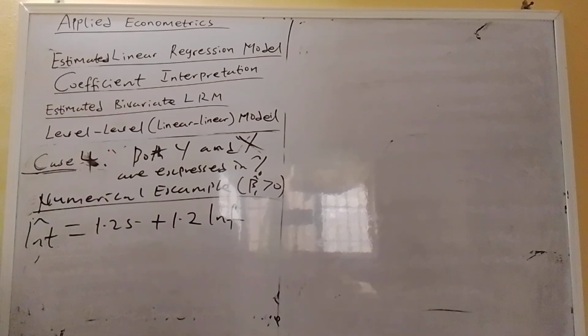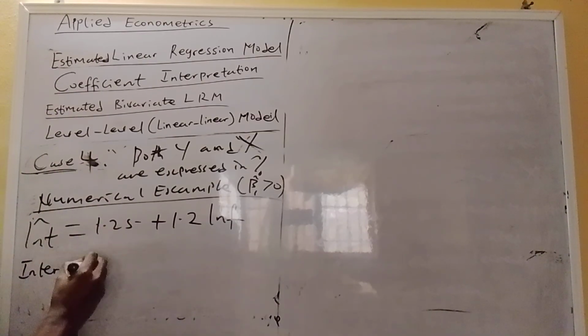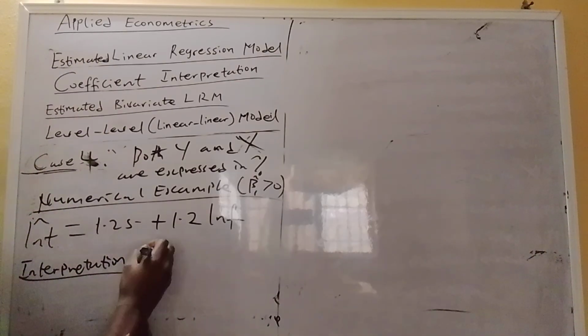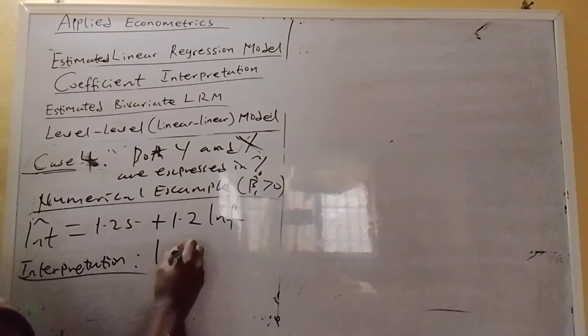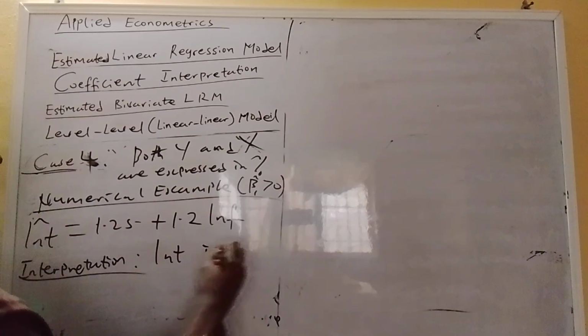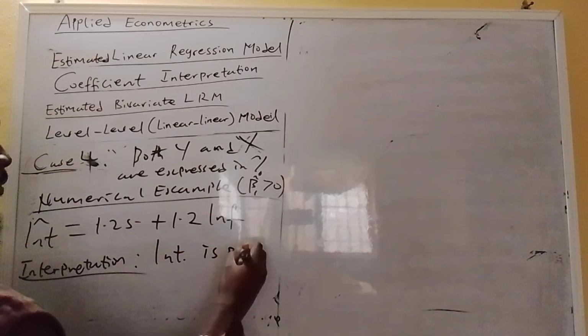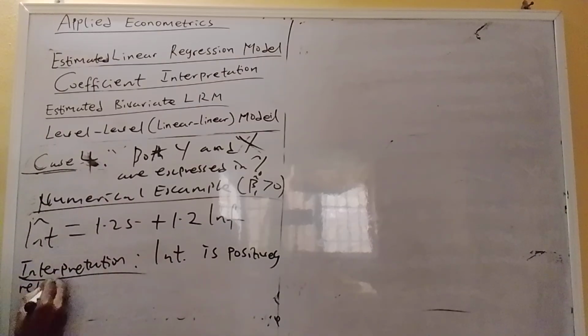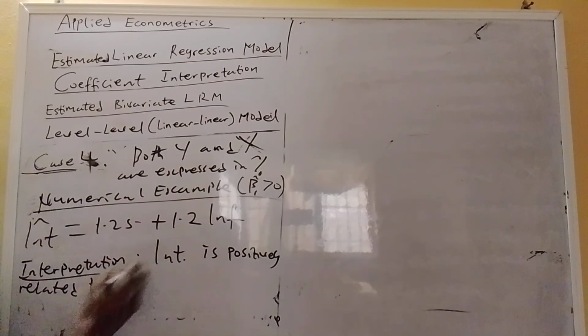How do we interpret this estimated regression model? It is very straightforward. The interpretation goes thus: interest rate is positively related to inflation.